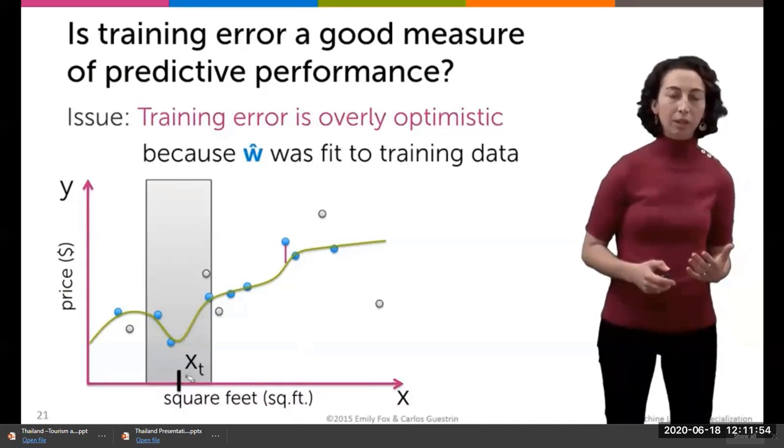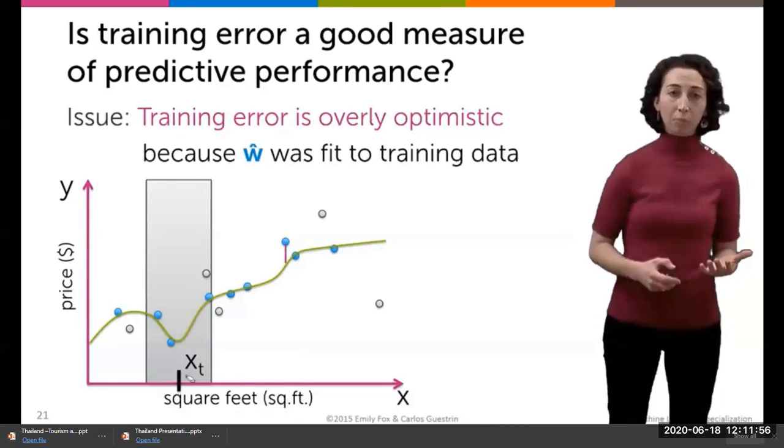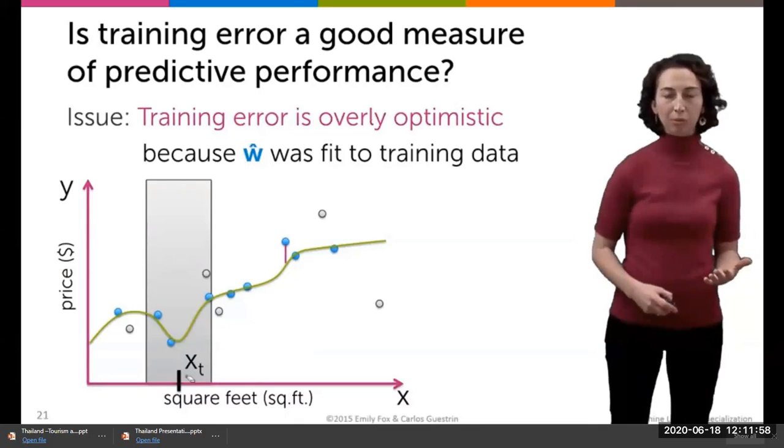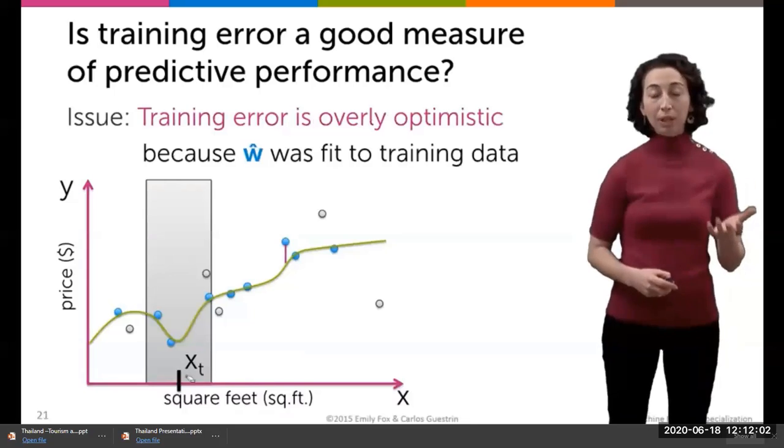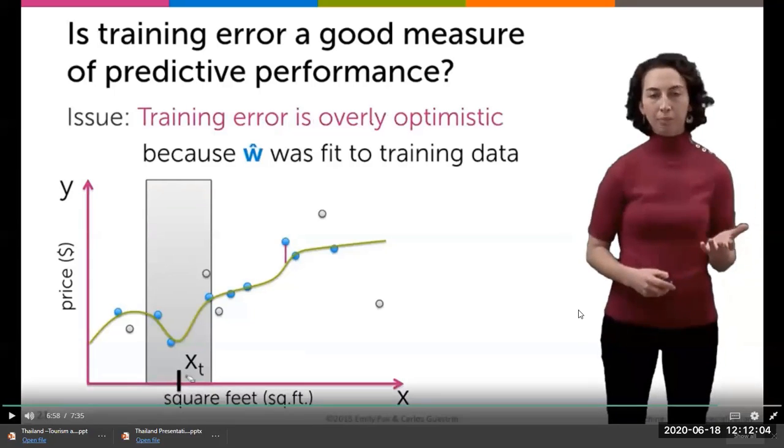The issue is the fact that training error is overly optimistic when we're going to assess predictive performance. And that's because these parameters, w hat, were fit on the training data. So that was a lot of words she said, but she's just saying no. Training error is not really such a good way to know how it's going to work on the test data.